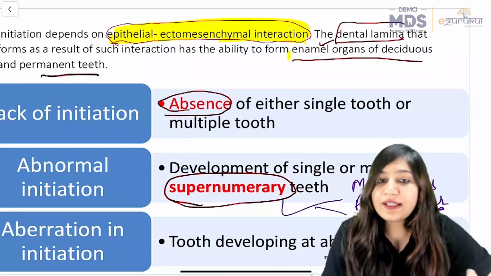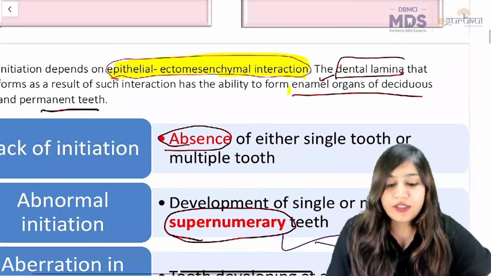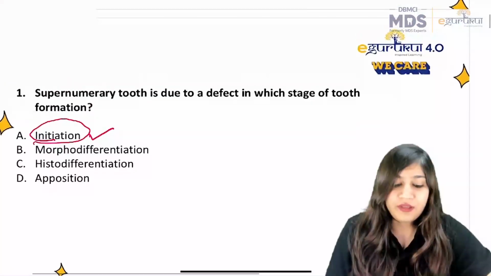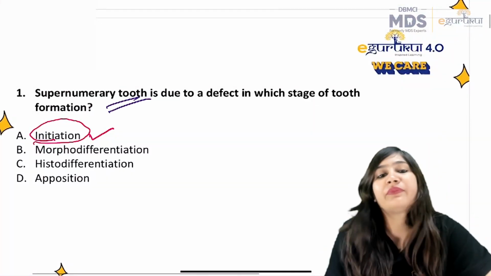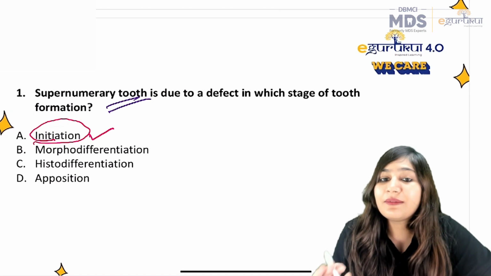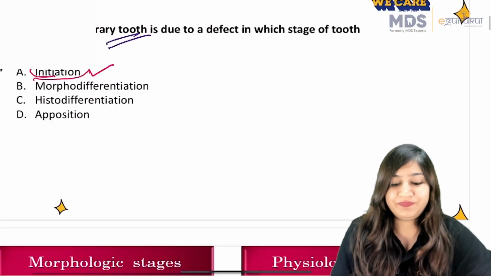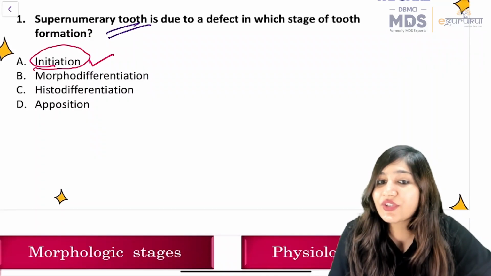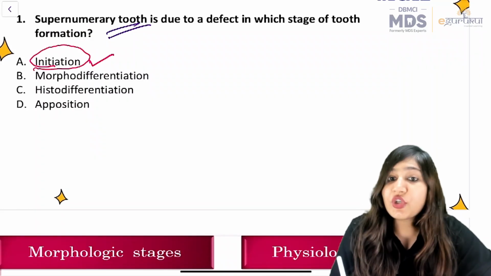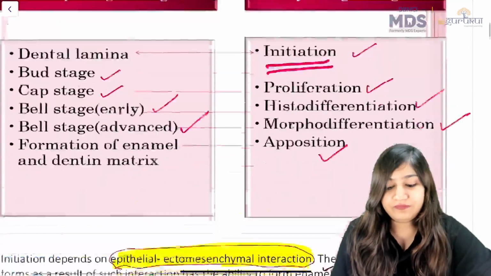So we have seen mainly the clinical considerations for the tooth development. Supernumerary tooth was a defect because of abnormal initiation, and lack of initiation leads to anodontia, absence of teeth.